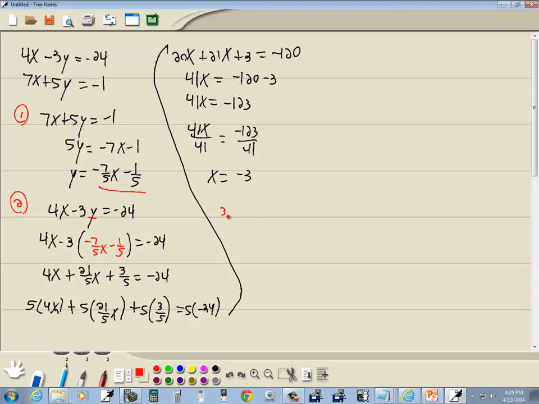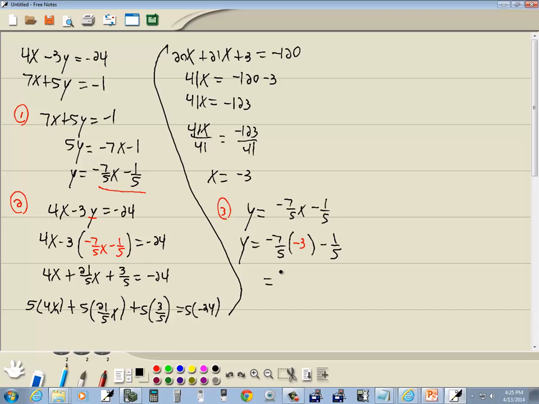Step 3. Plug this into the equation from step 1. In step 1, we already have it solved for y, so that's a perfect one to plug it into. So we got y is equal to negative 7/5 x minus 1/5. And we just said that x is negative 3, so we're going to have negative 7/5 times negative 3 minus 1/5.